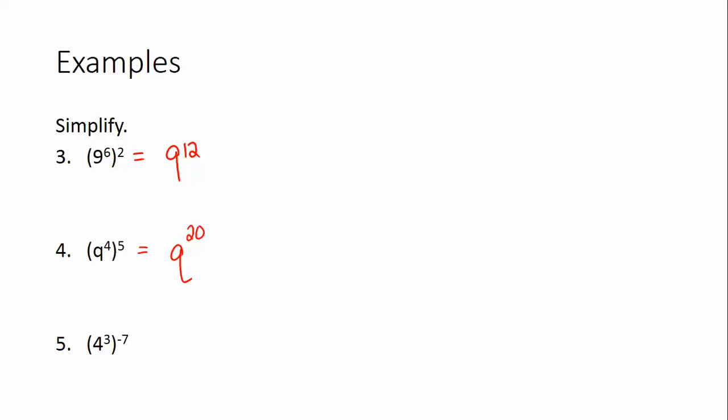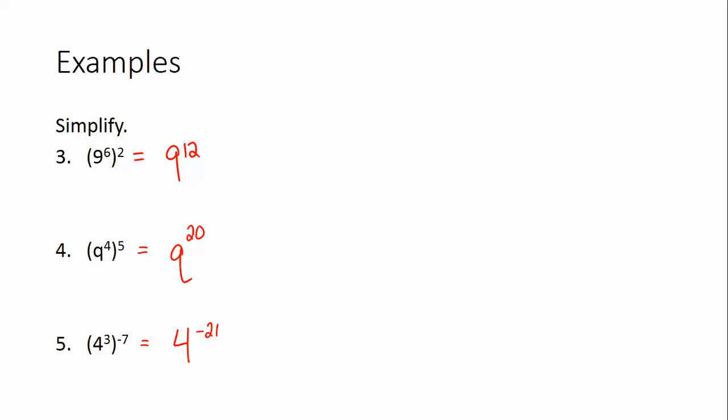Negatives work the same way, so go ahead and multiply first. 4 to the 3rd power, all raised to the negative 7th. So 3 times negative 7 is 4 to the negative 21st. We did learn in our negative exponent lesson that you cannot leave an expression or a monomial with negative exponents. So we do need to correct that.